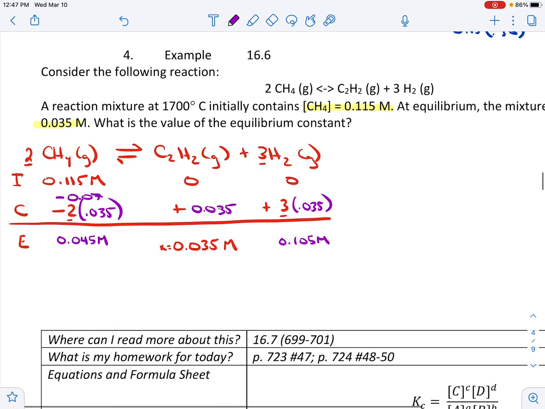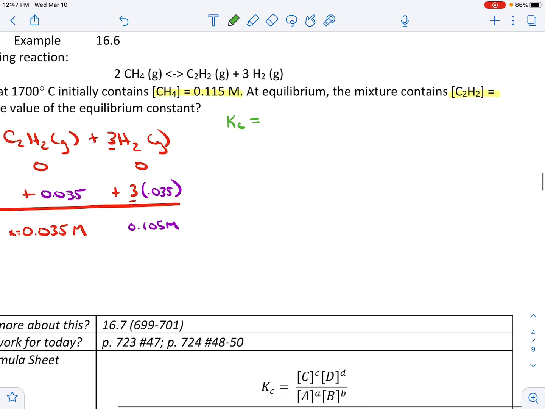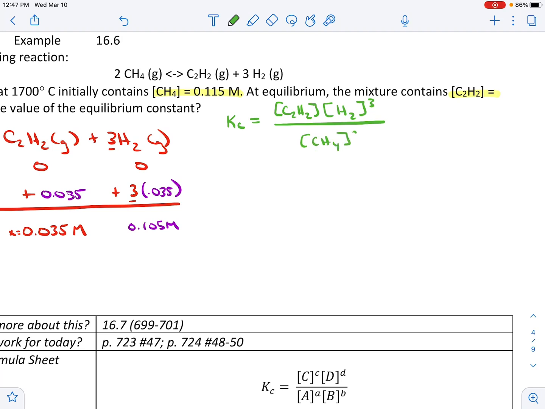Okay, there's that part. Now we want to write our equilibrium constant expression. So K sub C, remember we have products over reactants. So we've got C2H2 concentration times the concentration of H2 to the third over CH4 squared.